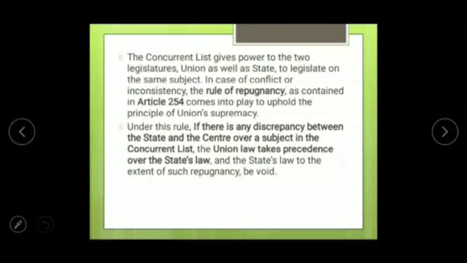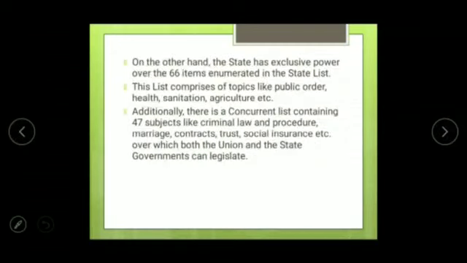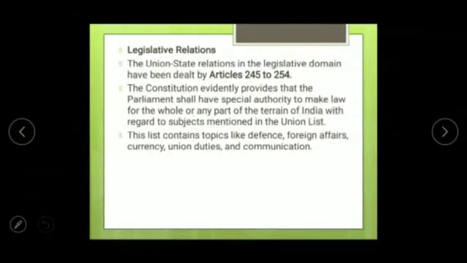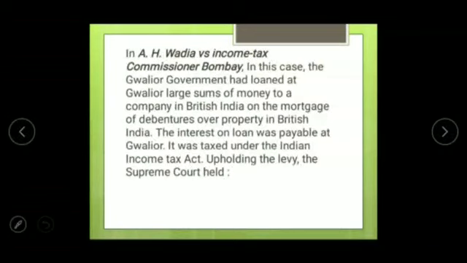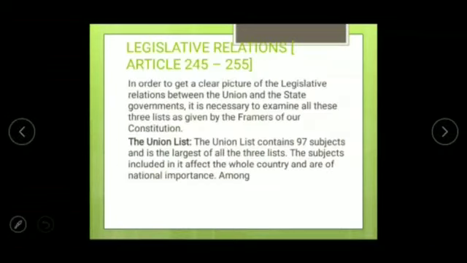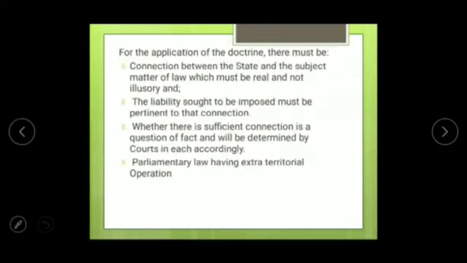What is repugnancy, Article 254, we'll be doing this in another lecture. But you have now understood the three lists, union, state and concurrent, the legislative relations, and the distribution of power in respect of territory and subject matter. So that's it, and we have done with the cases.